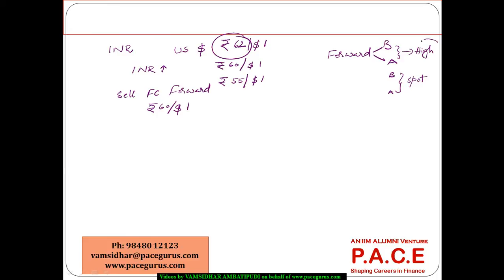So what we typically end up with is, when we are going with a forward contract, there is a possibility that we are going to incur slightly higher cost compared to the transaction in the spot market. So these are a couple of reasons why we may not be looking at a forward contract on the exchange rate.